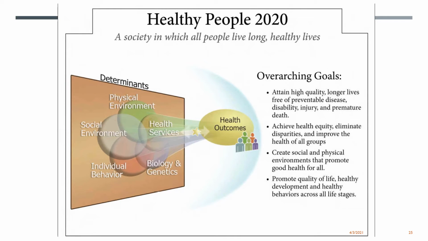And those are the health outcomes that are targeted towards promoting quality of life, healthy development, and healthy behaviors across all life stages. So they look at the determinants, and for Healthy People 2020, the results should be out by this year.